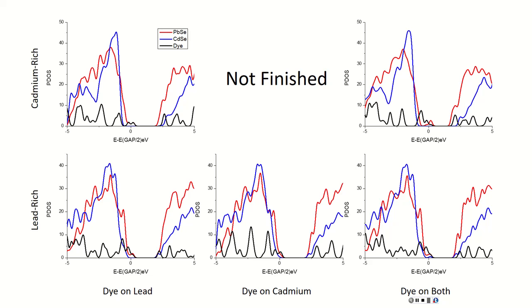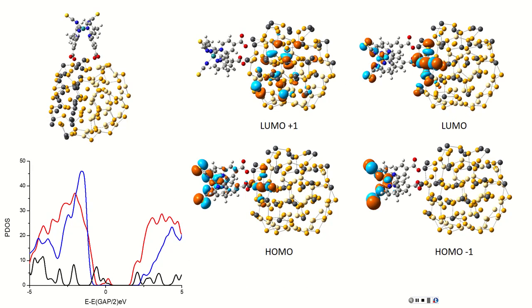And then, just one thing, Jabed asked me to do this and help me get some molecular orbitals for this structure, the cadmium-rich one with the dye on both.